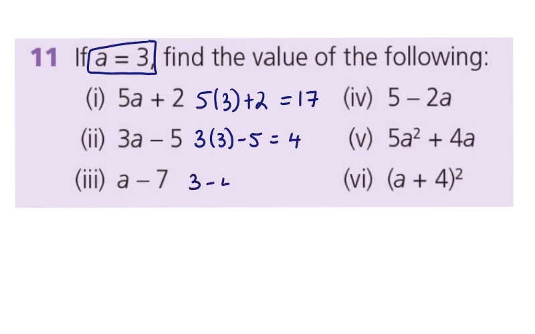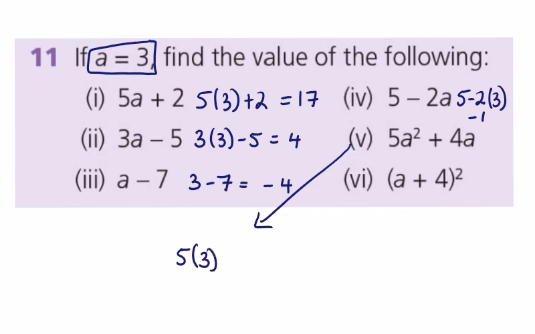3 minus 7. This is where students start to make mistakes, not 4. 3 minus 7 is minus 4. Use your calculator or get brilliant at multiplying out. 5 minus 2 times 3 is 5 minus 6, which is minus 1. I'll do number 5 down here. 5 times 3 squared plus 4 times 3.